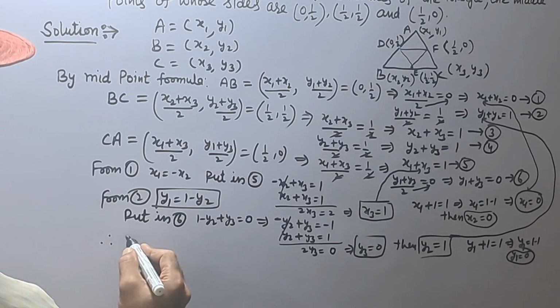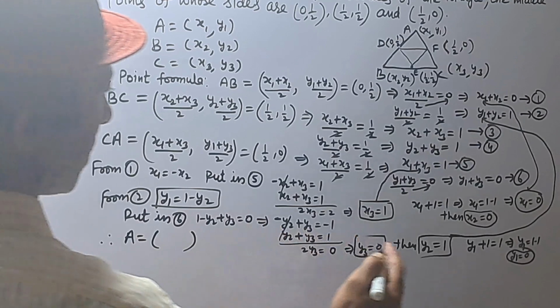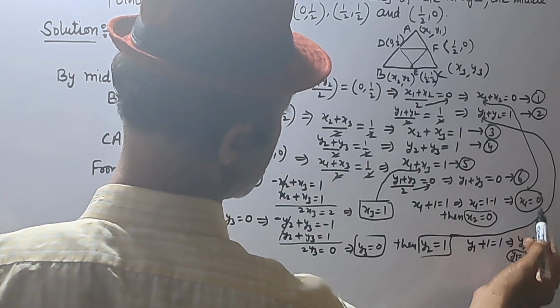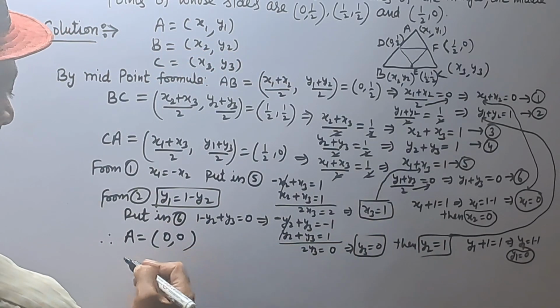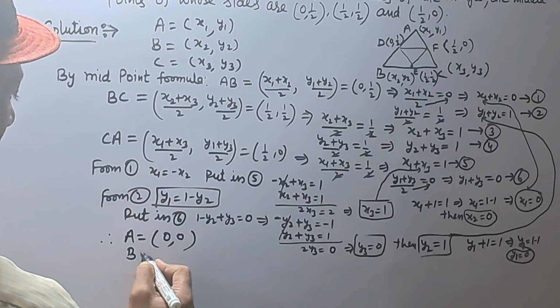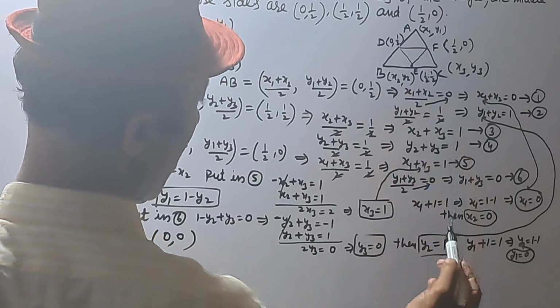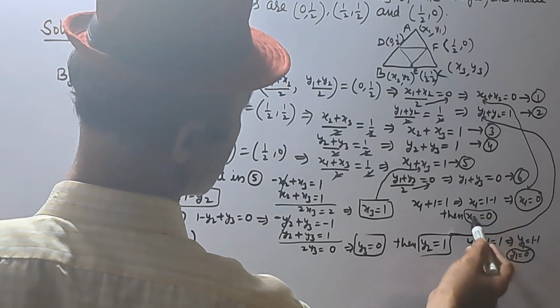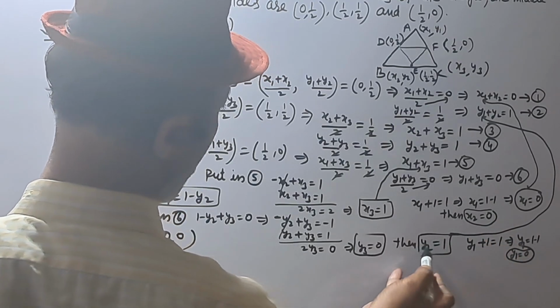So required points, we get A is equal to x1 y1, x1 0, y1 0, 0 0, and coordinate points of B, that is x2 y2, x2 0 and y2 1.